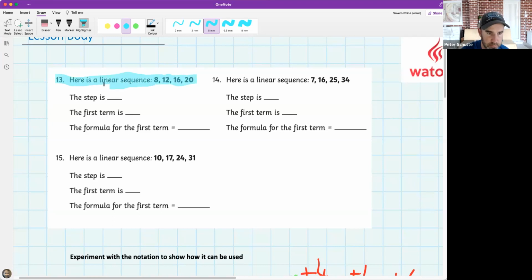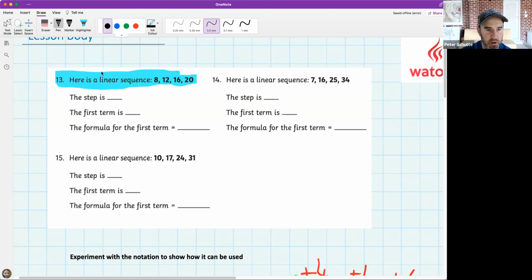But if you feel comfortable, you can go ahead and do 13, 14, and 15 while I work on that. Give me a thumbs up if that makes sense to you. If you need extra help, you're going to watch me do 13. If you are comfortable, you'll do 13, 14, and 15. Just give us a thumbs up if that works for you.